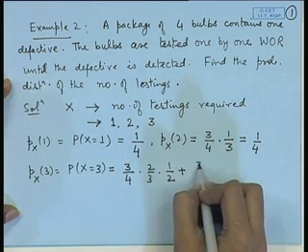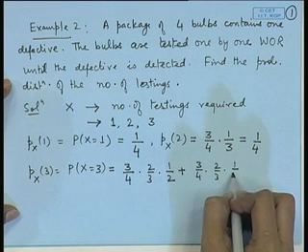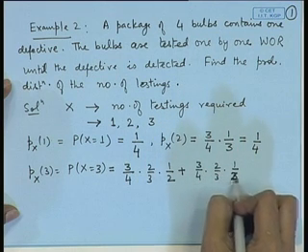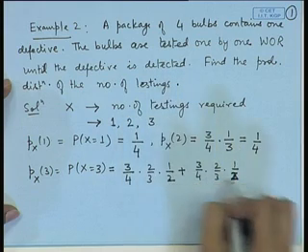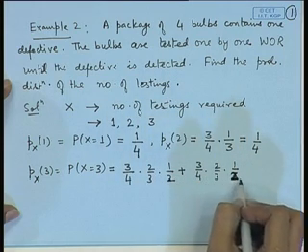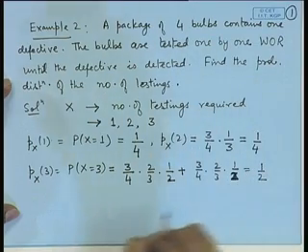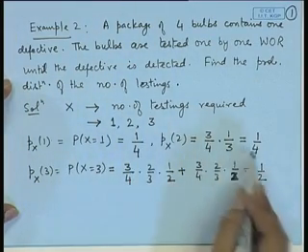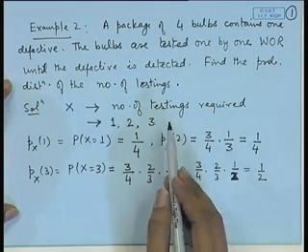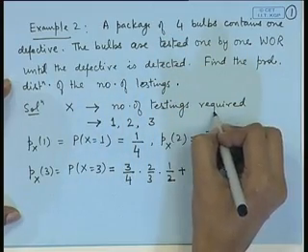We should also take into account the possibility that the third one is non-defective, because either it is defective or not defective. In both cases the outcome is known, since the fourth one will be the defective or not. So, it is actually equal to half. So, this is the probability distribution of the random variable X, the number of testings required.